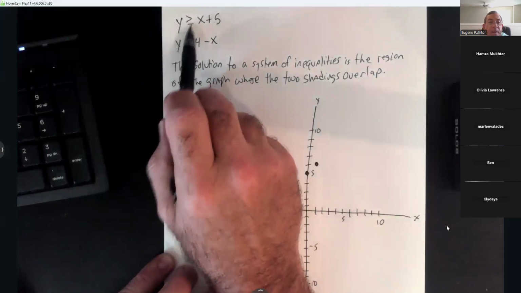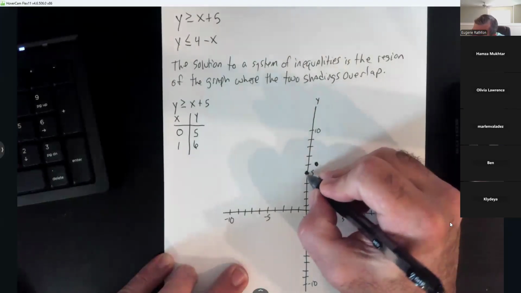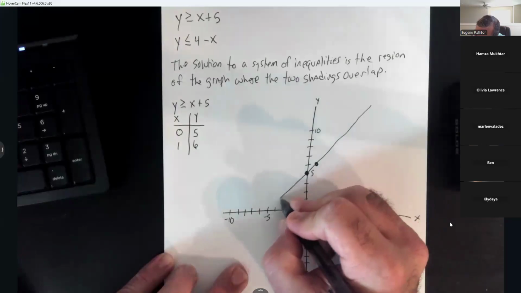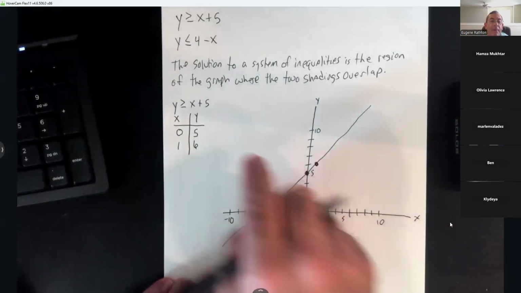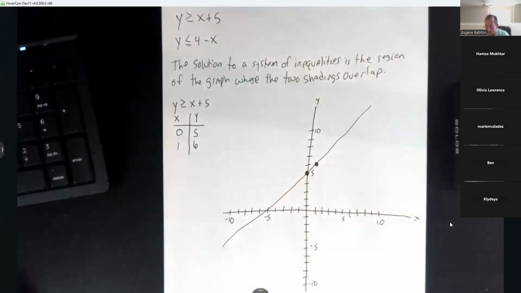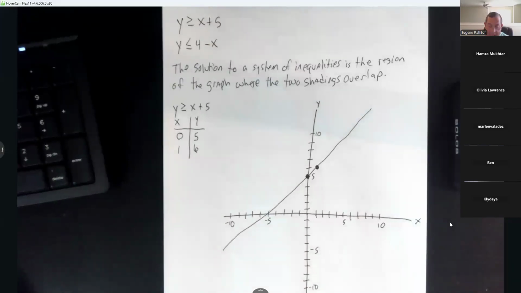Now, both of these have equals on them, so both lines will be solid. So my first line is going to come up through there like this. Now, for the first line, it's greater than. So for greater than, I would shade above the line.